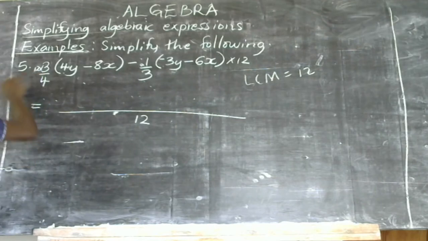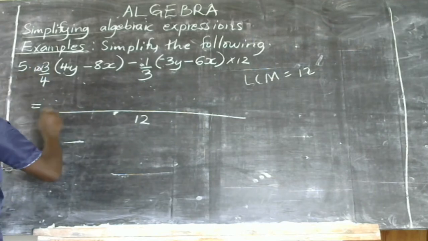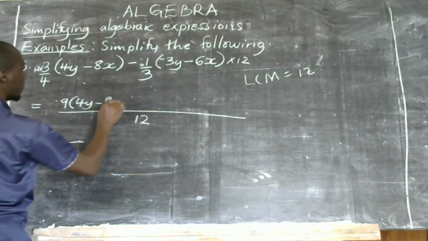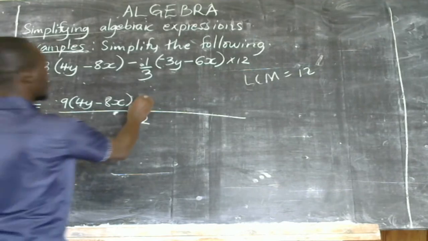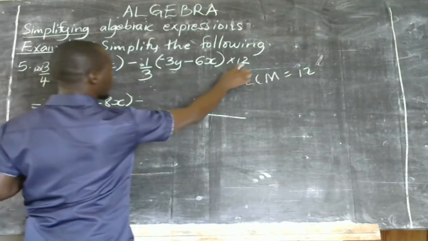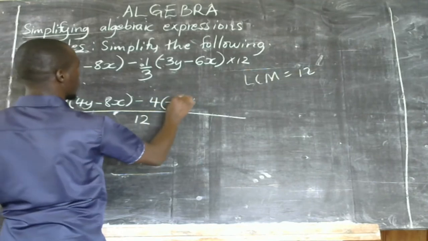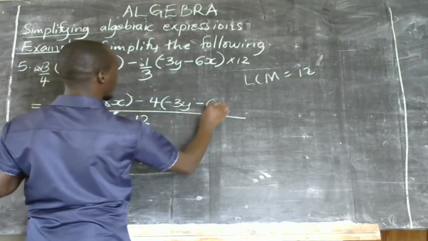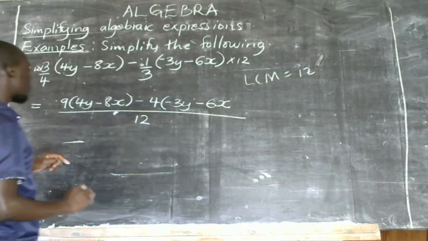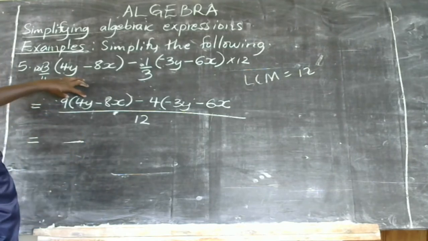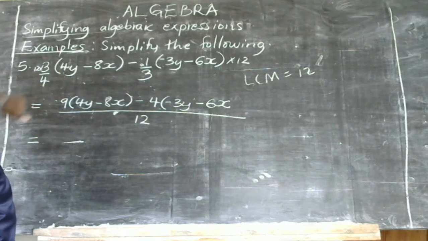So this one here is going to be 3 times 3 to have 9 into 4y minus 8x. Then minus, the 3 goes into 12 4 times. So that's going to be 4 into the negative 3y minus 6x. Then now I'm going to open the brackets of the numerators.